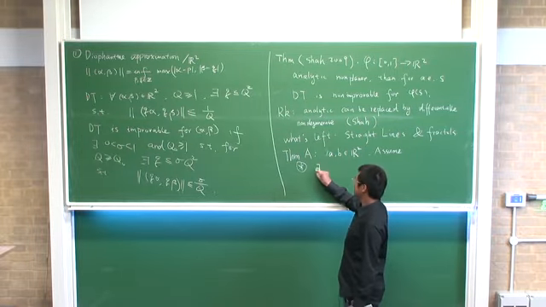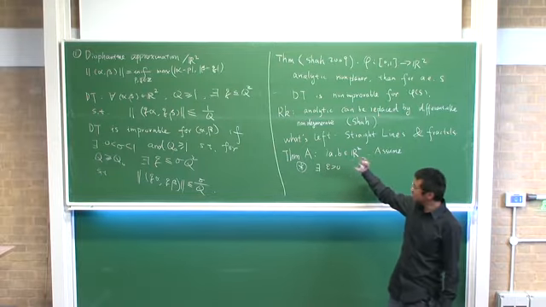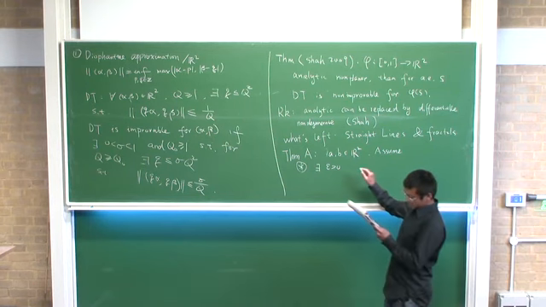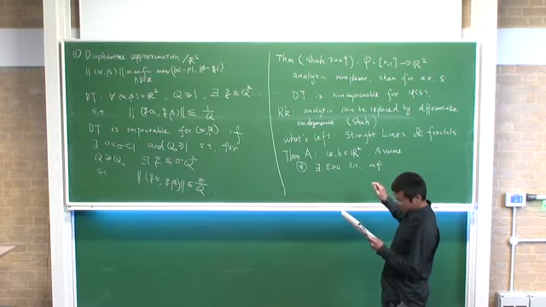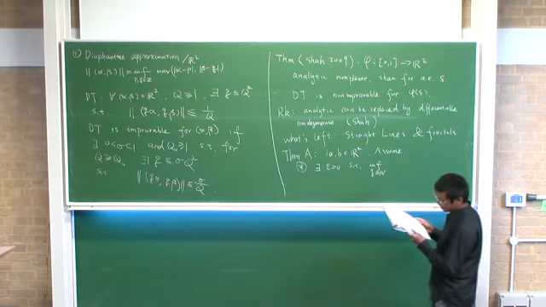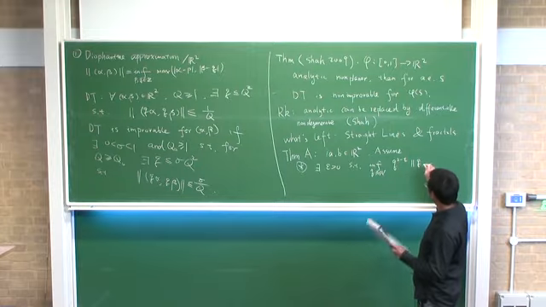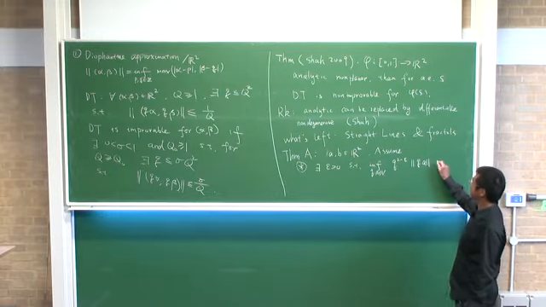Assume that there exists epsilon bigger than 0, this will be a Diophantine condition for a, such that the infimum over q in natural numbers of q to the 2 minus epsilon times the distance of q a to the integers is positive.